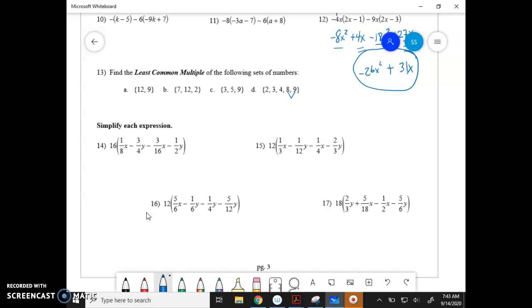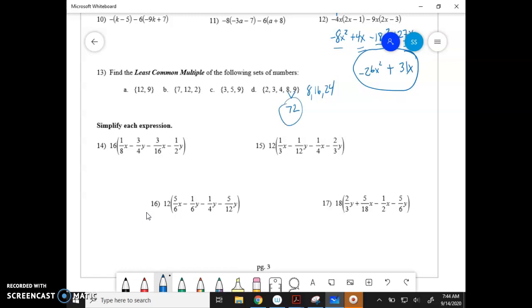Okay, so you might recognize, because these are pretty high numbers, if we were to go through and do 8, 16, 24, it's going to take a while. We're going to notice that the least common multiple is actually 72, and then you check, does it work for 4? Is 72 divisible by 4? It is. So is 3, so is 2, so you know that is correct.